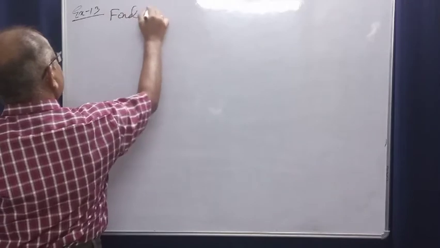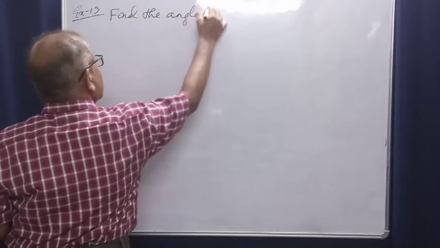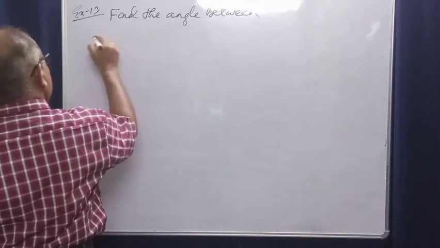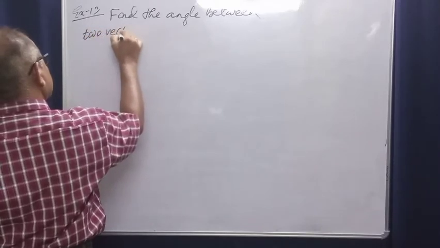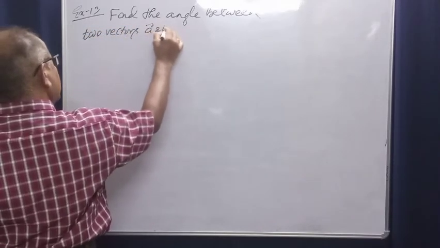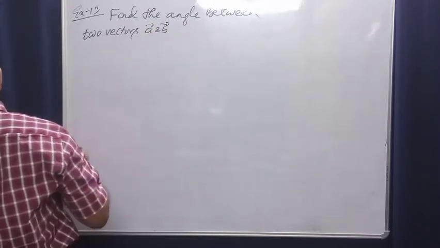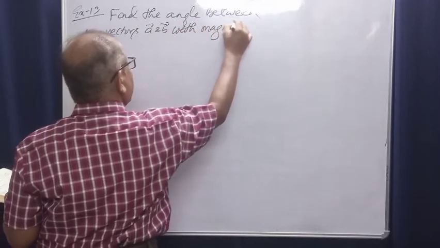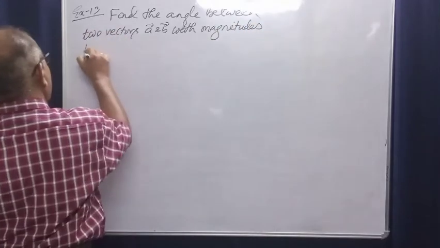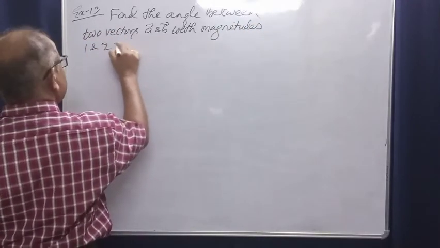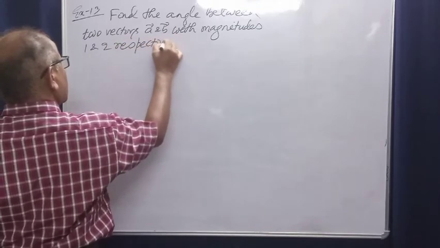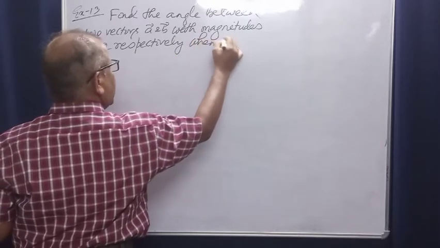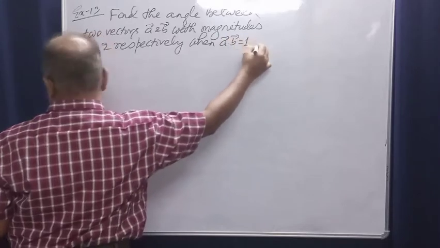Find the angle between two vectors A and B with magnitudes 1 and 2 respectively, when A dot B is equal to 1.